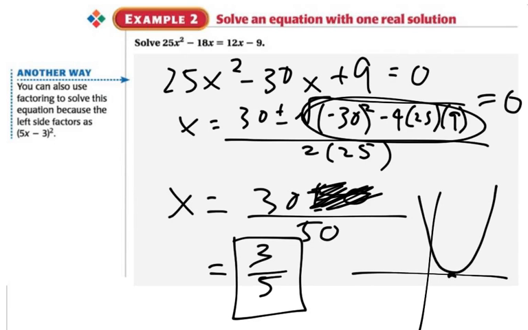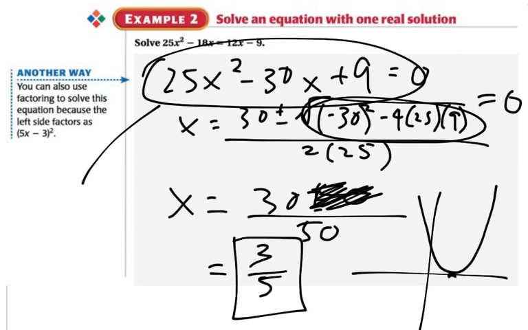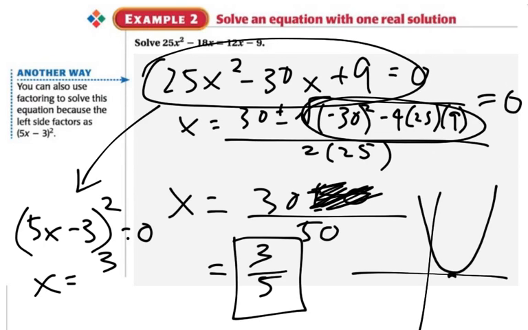And you know that this only happens when the original standard form is actually a perfect square. This is actually (5x minus 3) squared equal to 0, which means x is equal to 3 over 5. So you can actually solve it by factoring using perfect squares, but the quadratic formula will work just as well.